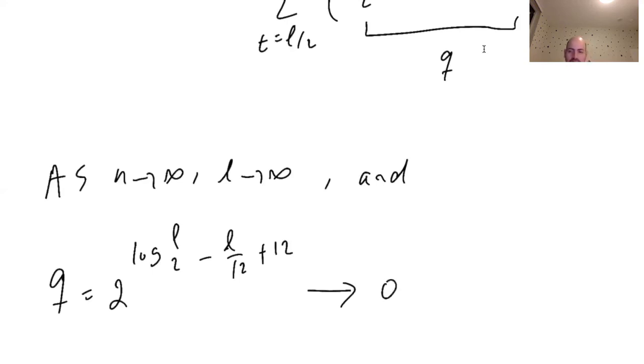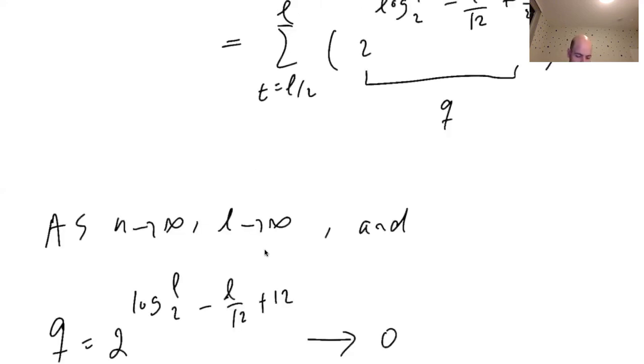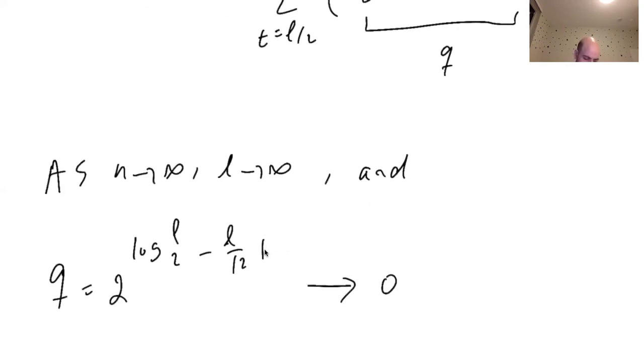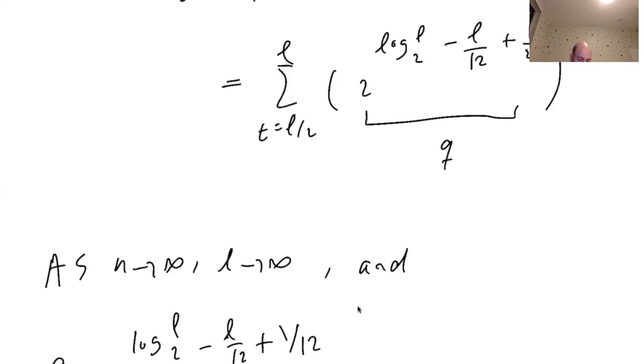Because the power goes to minus infinity. This term goes to infinity, this goes to minus infinity, plus a constant. So plus 1 over 2, not 12. But of course, this term is dominant over this, so it's 2 to the power minus infinity, which goes to 0.